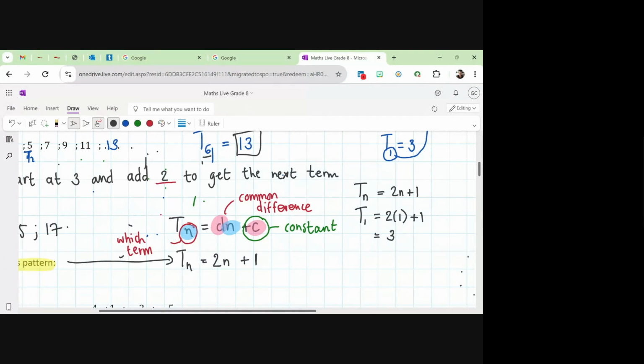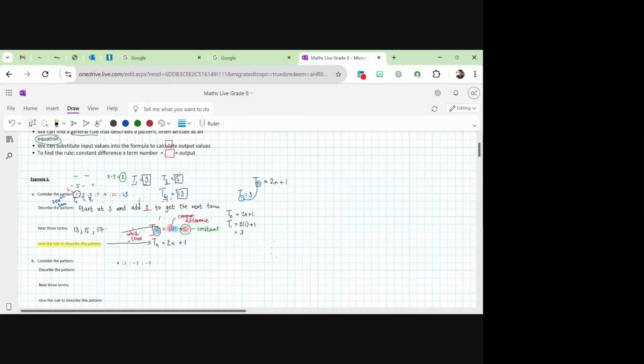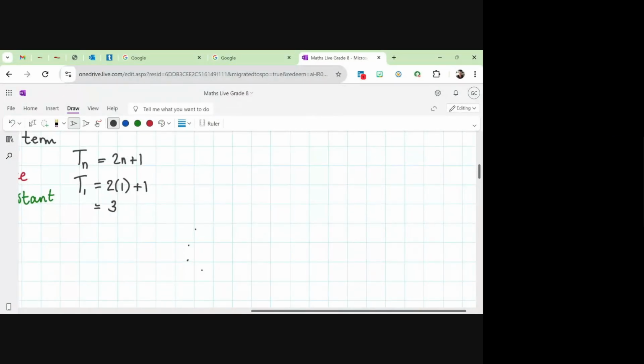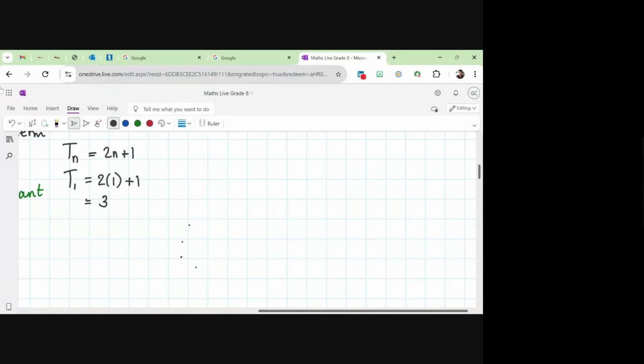I don't know why this thing is fighting me so much. My whole screen is just not doing the right things. Okay, so if we look at our pattern, we can see that term 1 was indeed 3. I'm going to try and fix this mess.